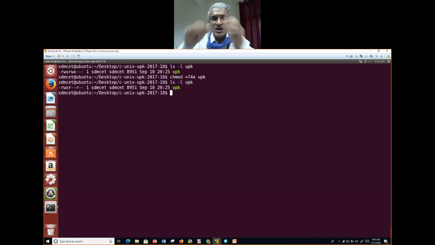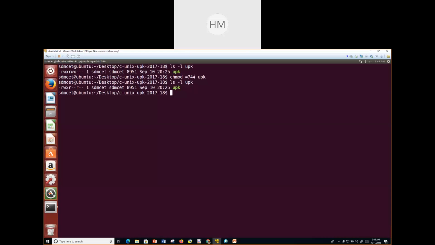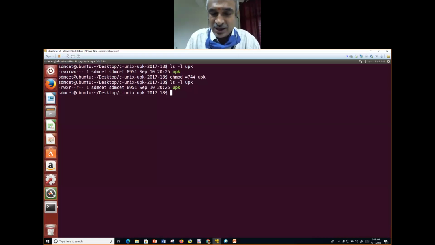Any questions? Otherwise, we'll stop. Sir, instead of using equal to, can we use the minus symbol also? Now look at that. The purpose of equal to is different. I told you, minus is different, plus is different. Even in mathematics, plus, minus and equal to are all different.